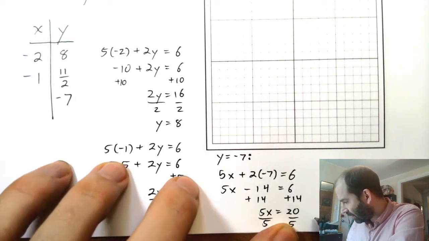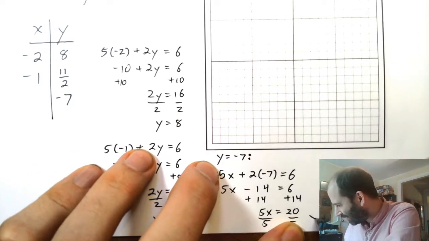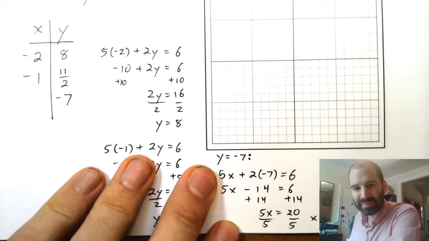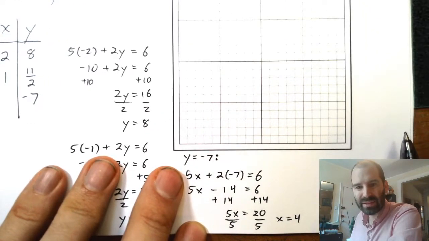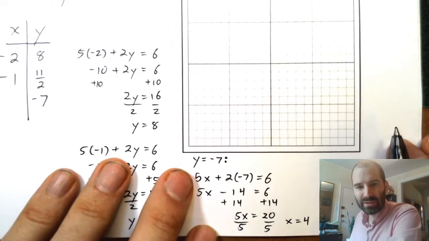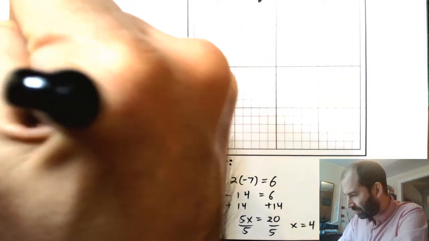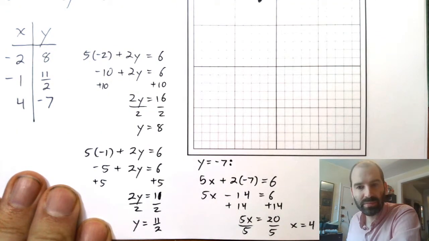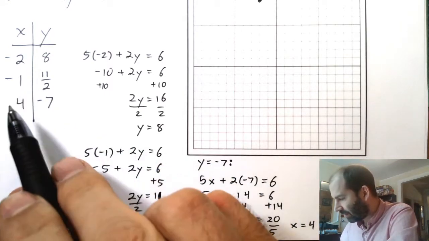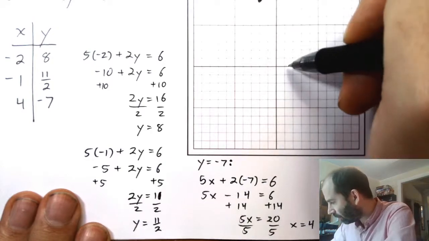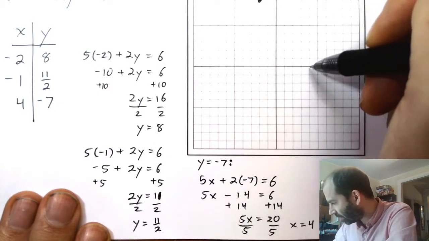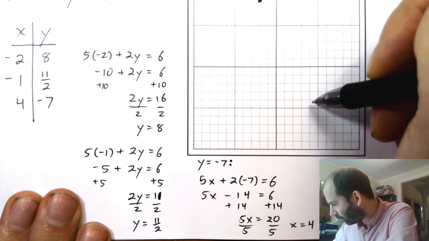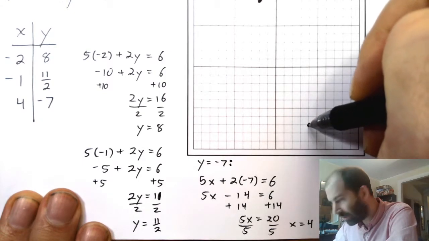So x equals 4. So that's what goes here. Okay. We got this point we can plot. 4, -7. 1, 2, 3, 4, -7. 1, 2, 3, 4, 5, 6, 7. Right there.